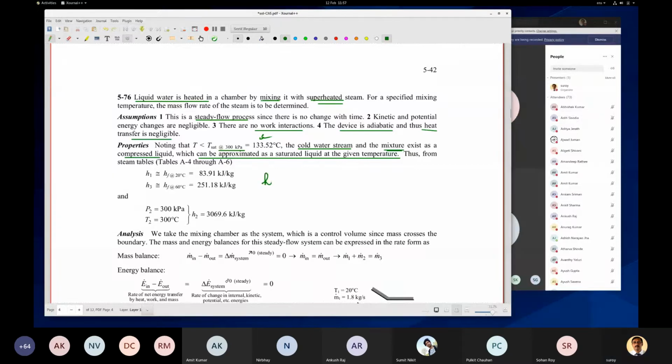So here, enthalpy is a function of temperature, internal energy is a function of temperature. These only depend on temperature. So get it for the saturated condition only.